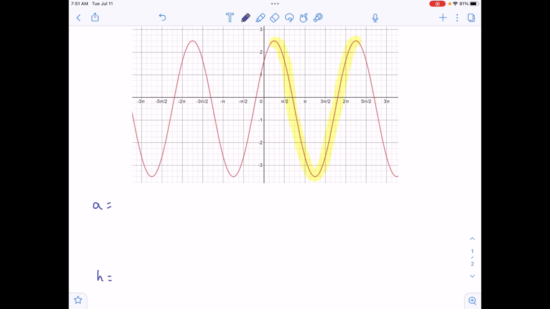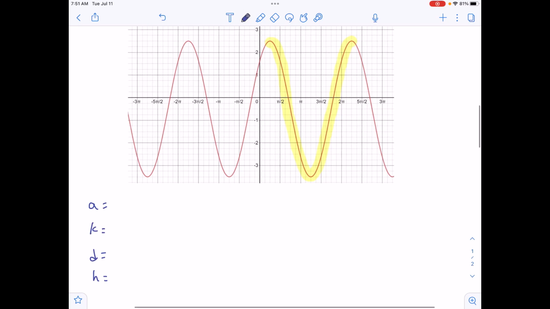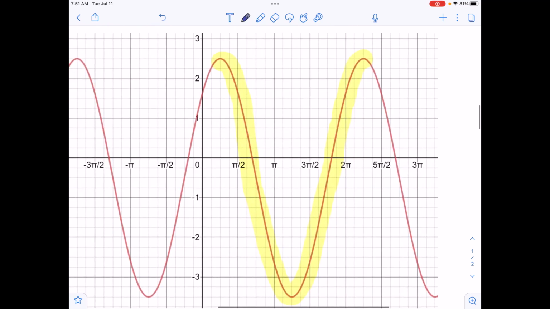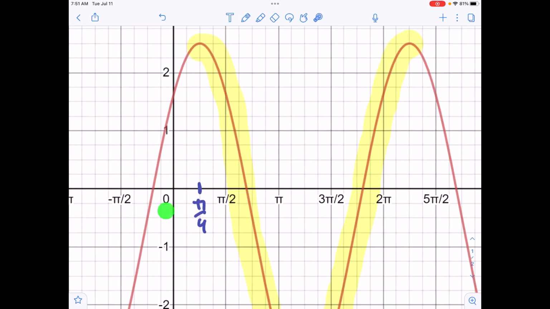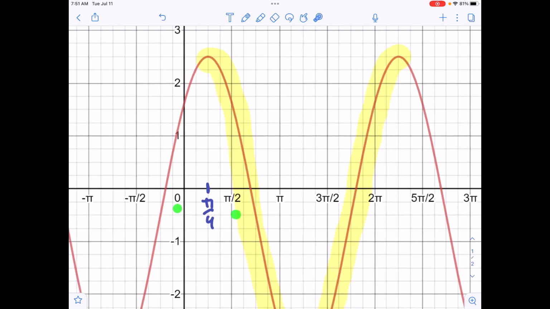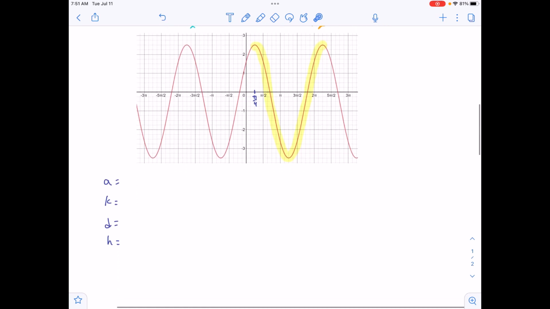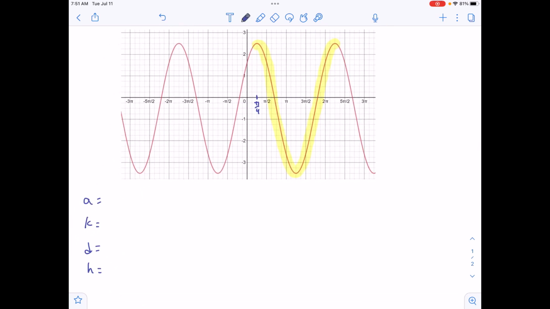A, K, D, and H. We've already talked about the horizontal shift being right here at pi by 4. I know that that value is pi by 4 because it's halfway between 0 and pi over 2. So my horizontal shift is pi by 4, and it's to the right, so my D value is positive.